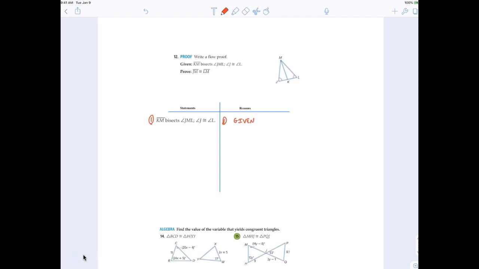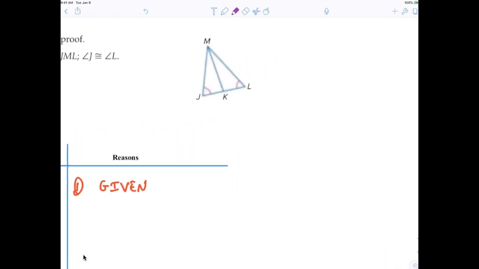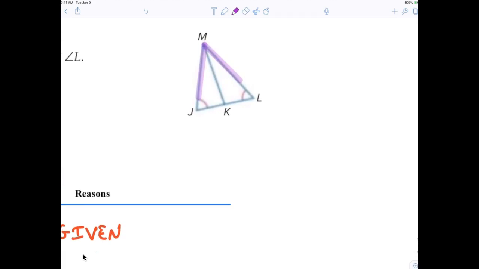All right? So it says here, KM bisects JML. So I got to find JML. There's that angle. And that is bisected by KM. Tyler, what does that mean? But what does it mean, though?